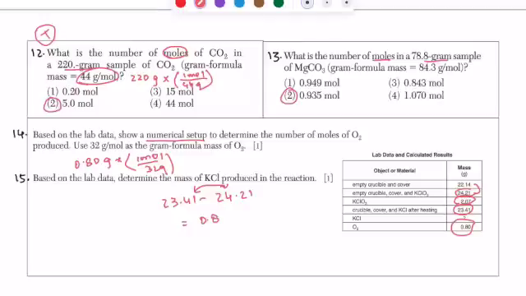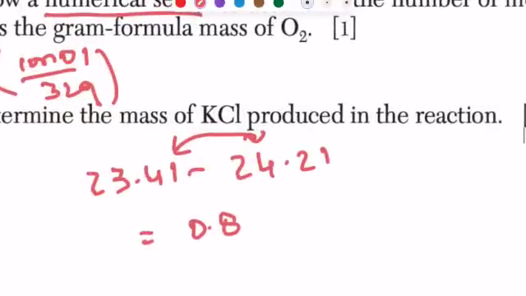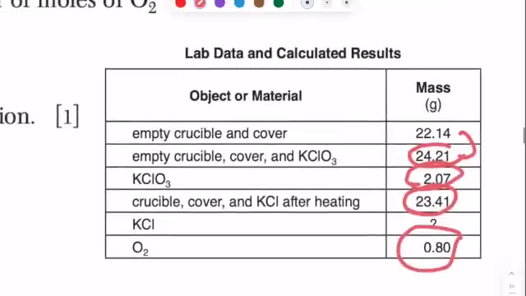Actually, 0.8 is the oxygen that was evaporated. So that means whatever was left was actually just KCl. So my apologies, we are not subtracting that mass. We are subtracting the empty crucible and the cover from this. Why am I picking the wrong thing?